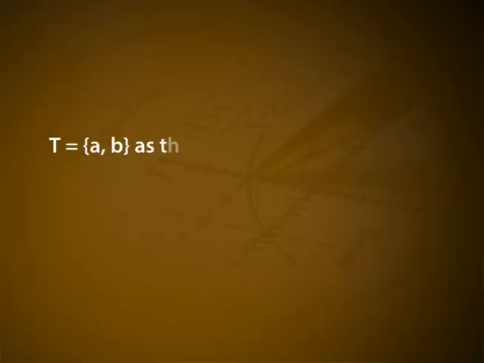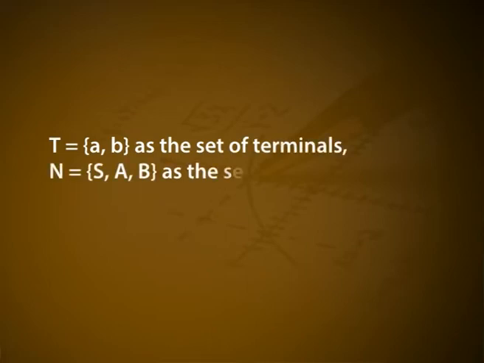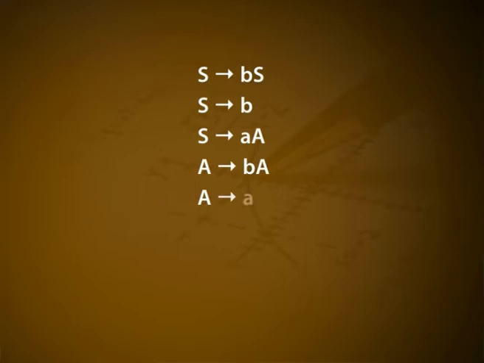Take T = {a, b} as the set of terminals, N = {S, A, B} as the set of non-terminals, S being the starting symbol, and the following as the set of productions: S → bS, S → B, S → AA, A → bA, A → aB, B → bB, B → aS, B → a.